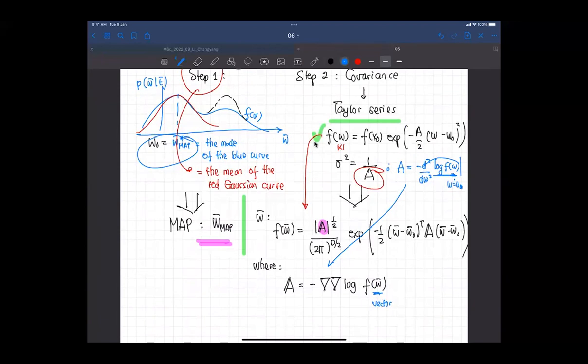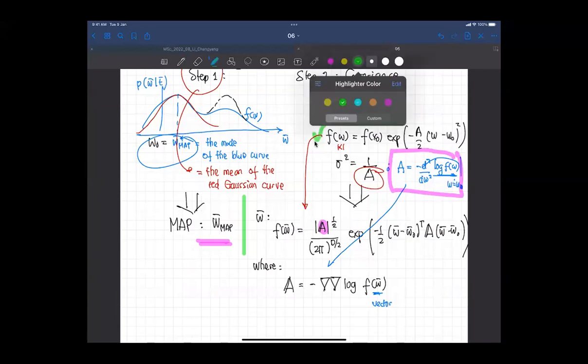Can I repeat what the meaning of this is? You have f(W). f(W) is this blue line here. It's an analog function. And you have to do the derivative twice. That's called the second derivative, and the second derivative will give you this function here.